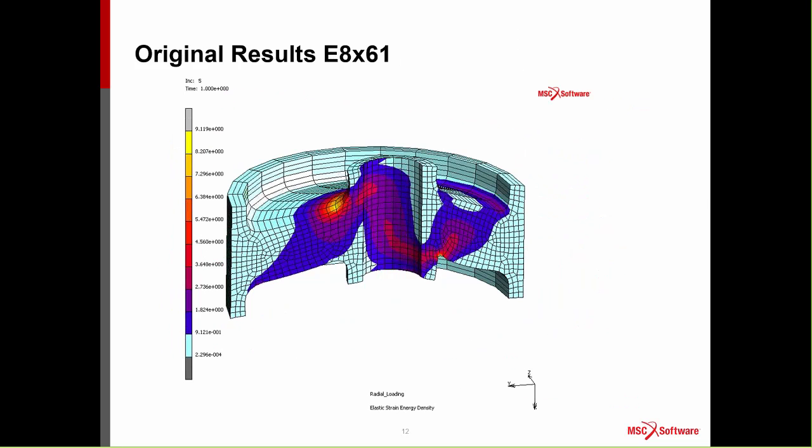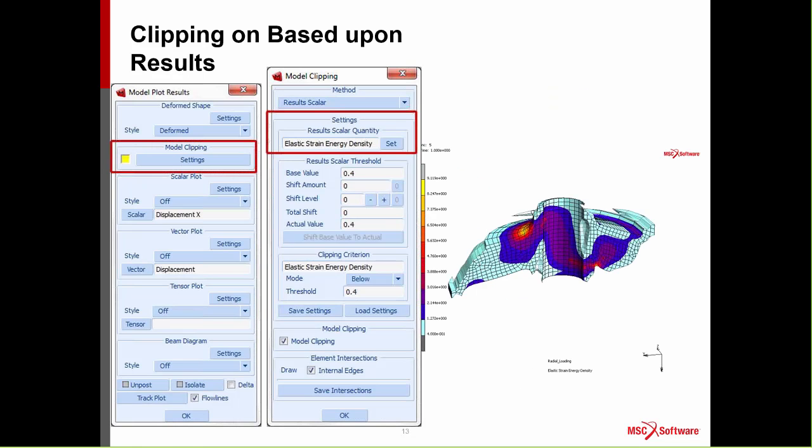Another nice feature of this is we can take a look at a structure like this, and we can isolate critical regions. So this was a rubber bushing. It's a standard example, but in the post-processing mode, you'll see this thing called model clipping and settings.